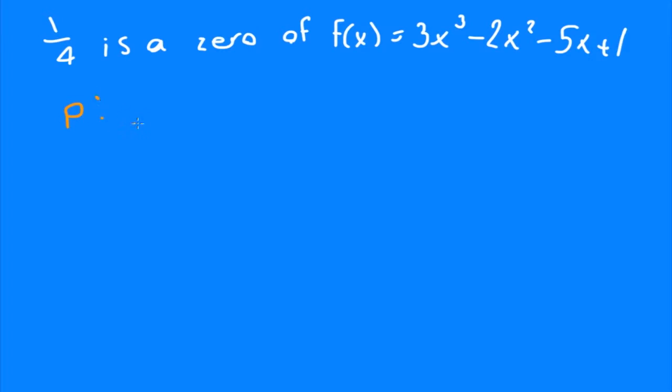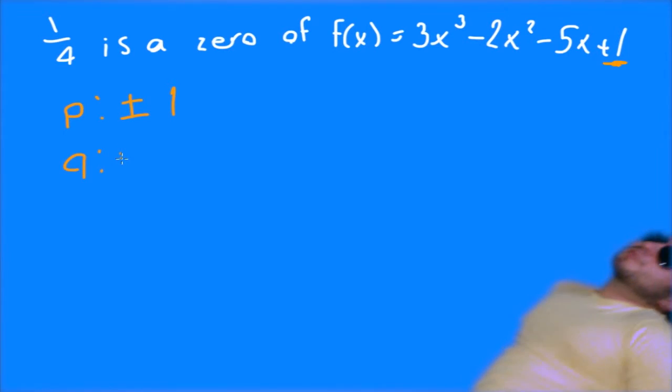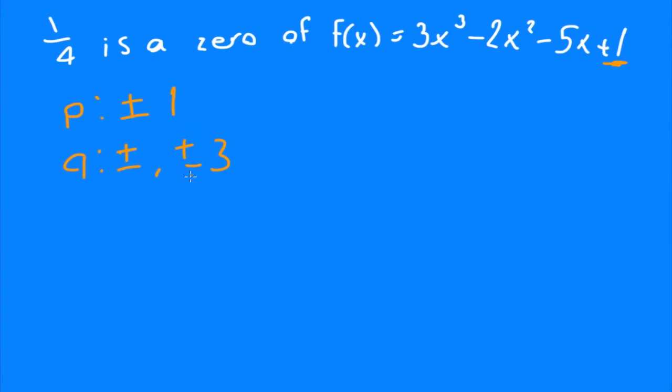P is what? Plus minus 1, right? And q is 3, so it's going to be plus minus 1 and plus minus 3. So our P over Q is going to be plus minus 1 and plus minus 3.